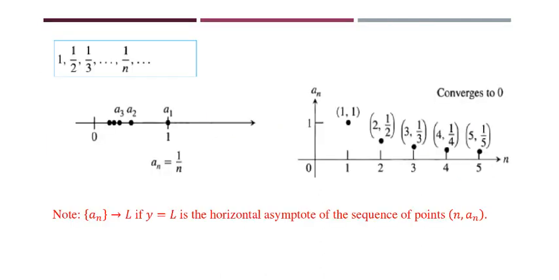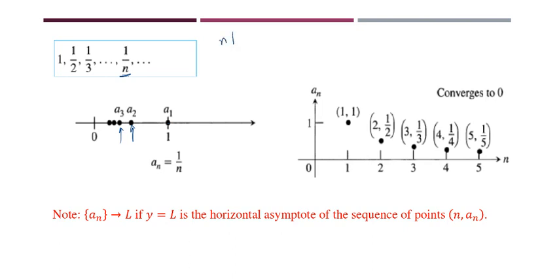Okay, now let us see, for this sequence, when your an is equal to 1 by n, let's try to sketch the sequence both on the real axis and on the coordinate plane. So the first term of the sequence is 1, second term is 1 by 2, third term is 1 by 3, and the terms are decreasing.